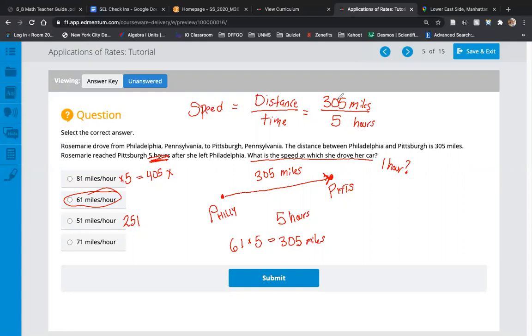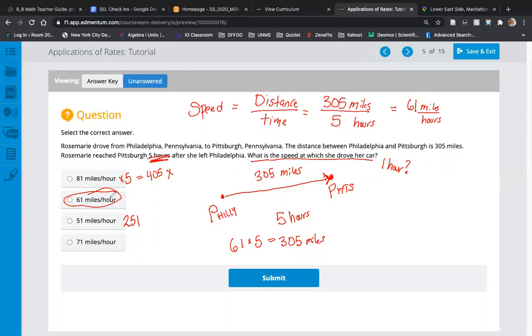So 305 divided by 5, like Alfie gave us before, is going to be equal to 61, and I have the same unit, so 61 miles over hours, or miles per hour.